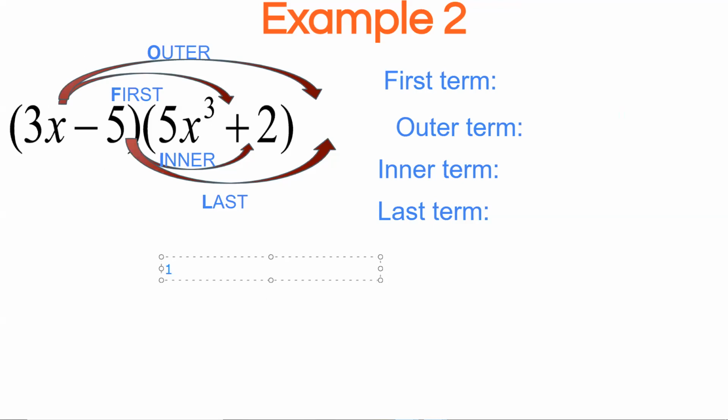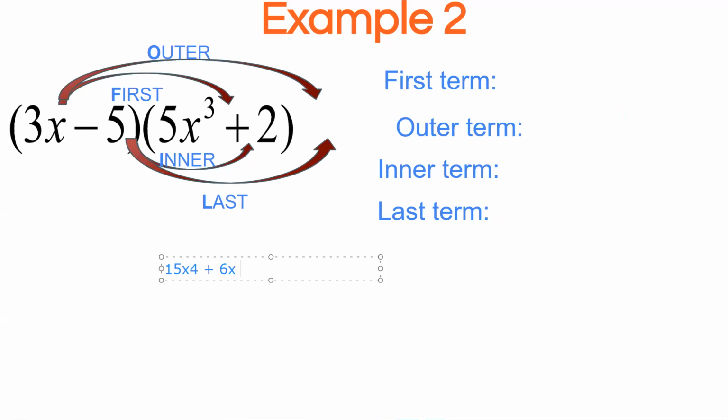15x. Good. And remember, when we're multiplying exponents, we're just adding them. So x times x to the third is x to the fourth. Okay? All right. And then we're going to multiply our outer one. So what's 3x times 2? 3x times 2 is 6x.